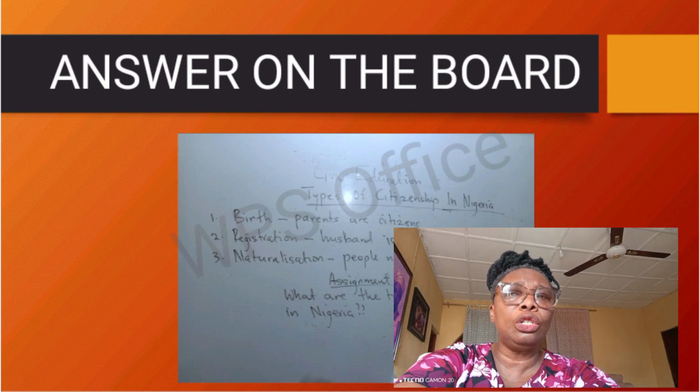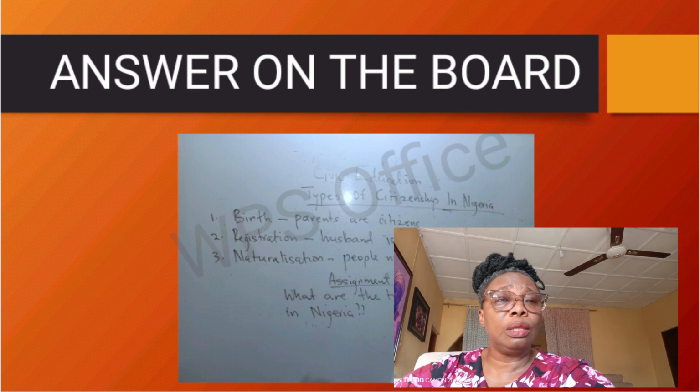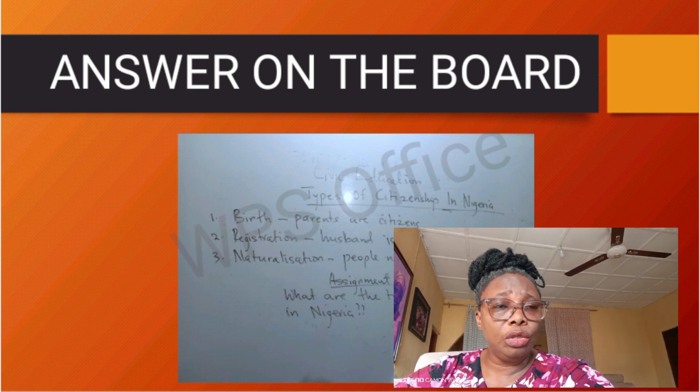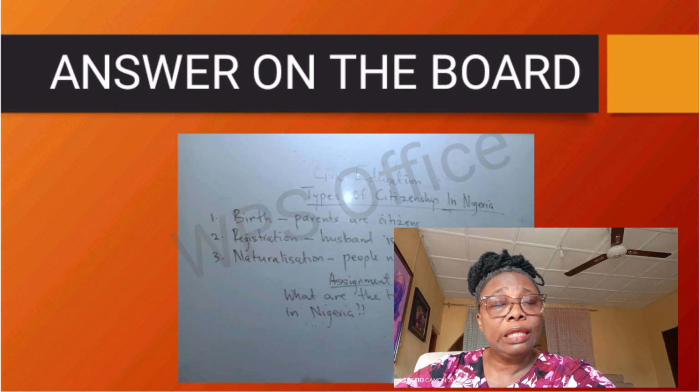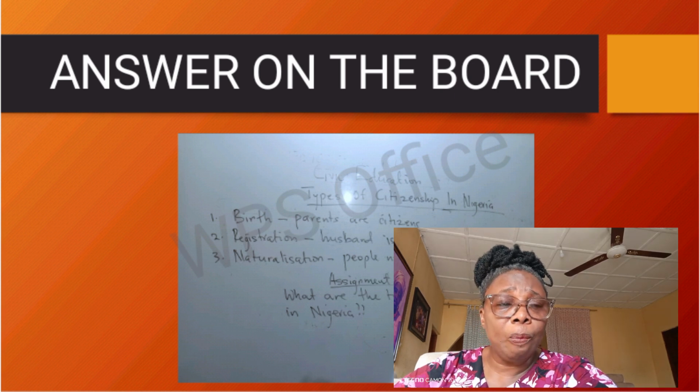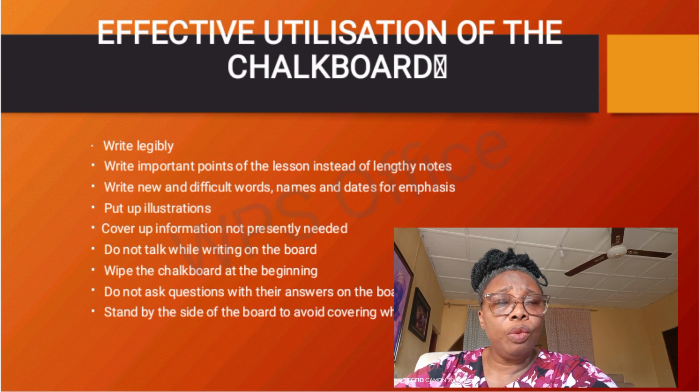So how do we use the chalkboard effectively in the classroom situation? Irrespective of what chalkboard we use, write legibly. Legibly means write clearly. Let your learners see clearly what you write on the board. Make your words big, bold, and clear.